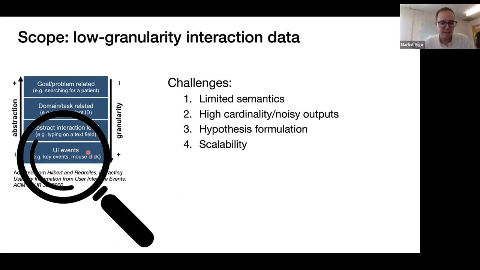So the challenges I mentioned earlier: there are very limited semantics associated with this kind of data, right? If you have a sequence of scrolls or key typing events, it means very little, right? Unless you do something about it. You generate a lot of noisy outputs, okay? If you scroll down with your mouse, it may generate hundreds or thousands of scroll events that may constrain or determine a lot the analysis process later on.